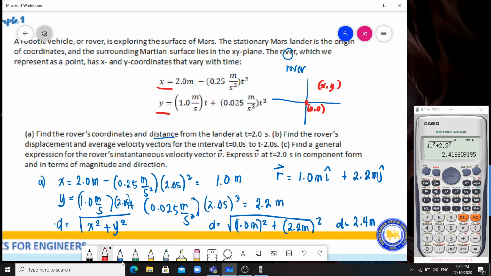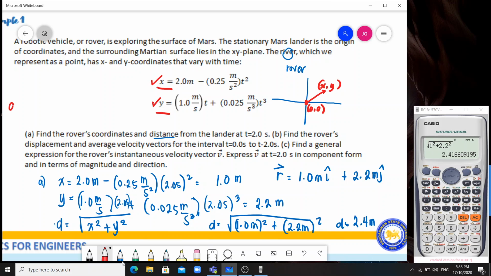With respect to time, ibibigay nitong functions na to. So, when we get the distance, syempre, ang final position natin is yung sagot nitong x and y coordinate at 2 seconds, and the coordinate 0, 0.